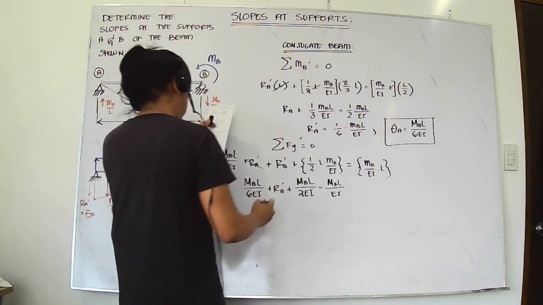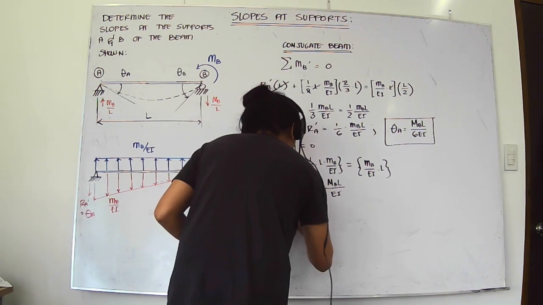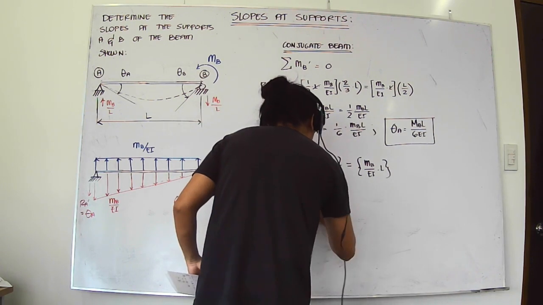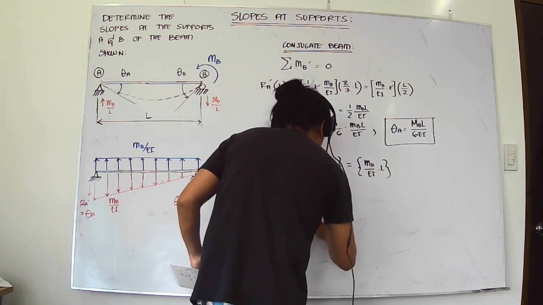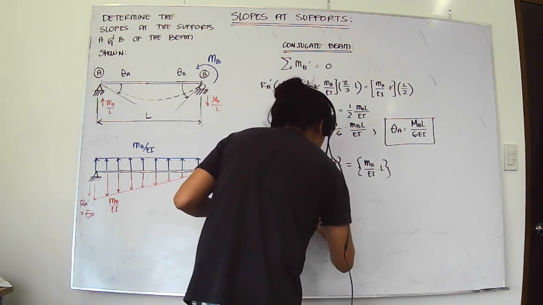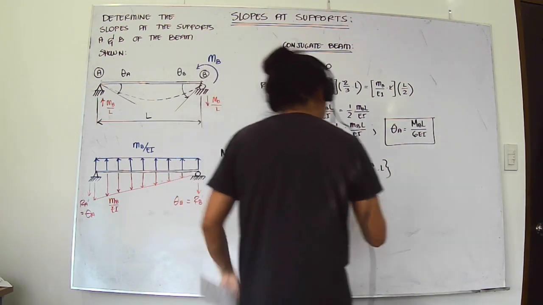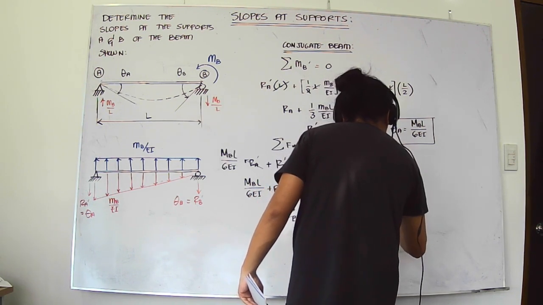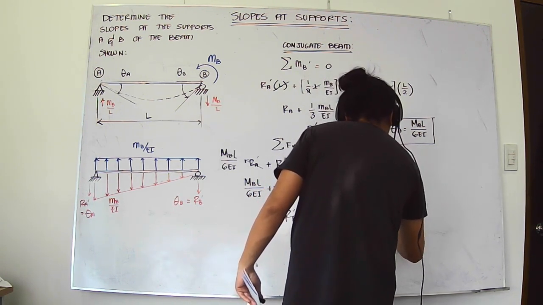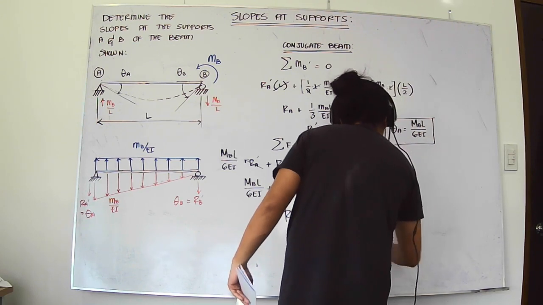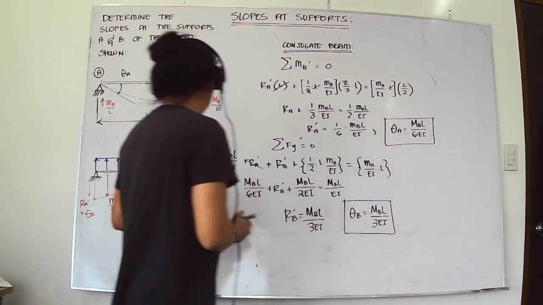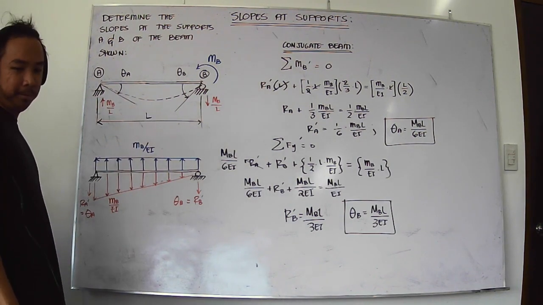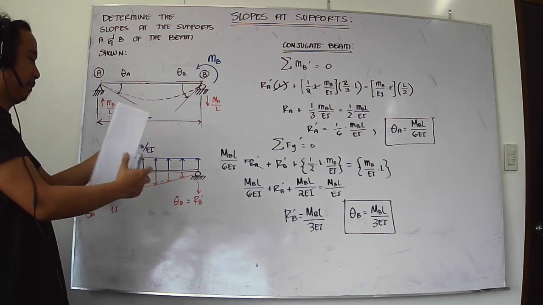We'll find out that this is MBL over 3EI. Okay? This is the reason why I like the conjugate beam method. It simplifies a lot of things. Okay?